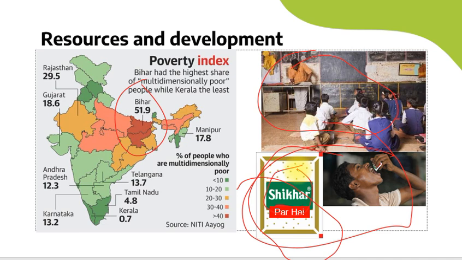So, for utilizing any resource which is available on this planet, I need one important resource, and that is called human resource, right? So human resource is one such resource which I need to put each and every other resource to use.